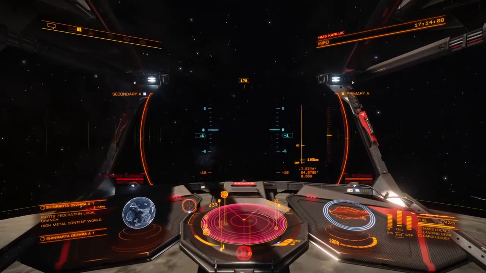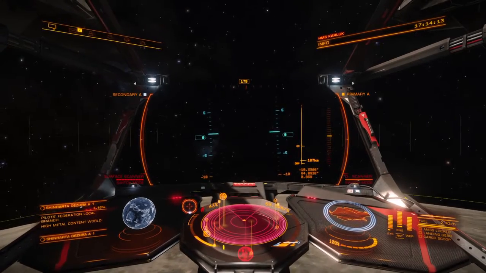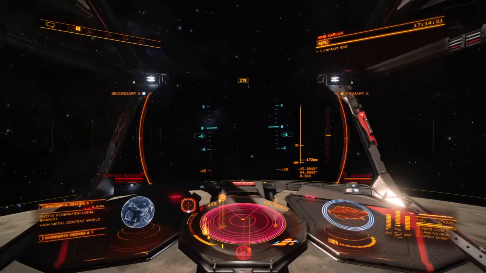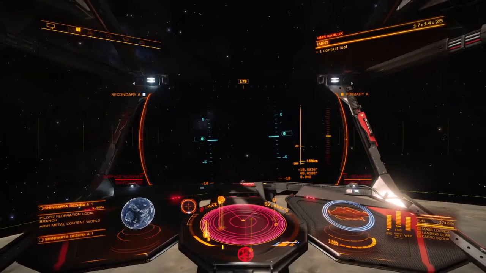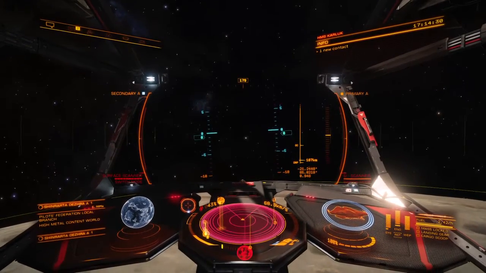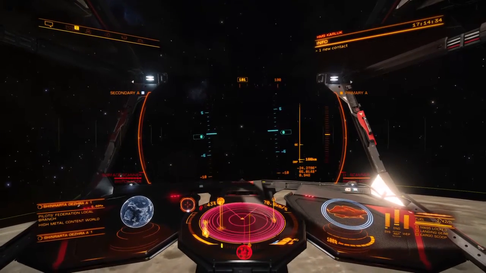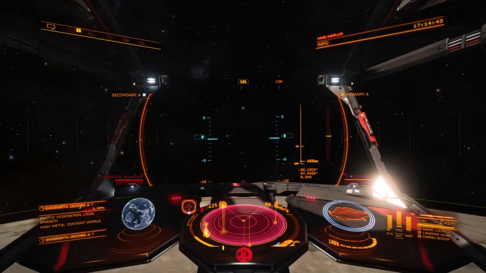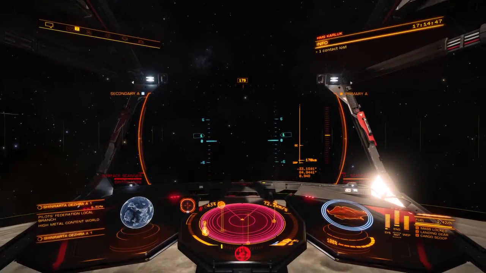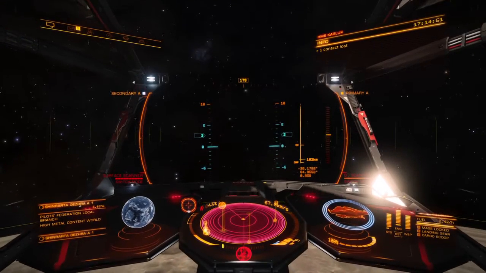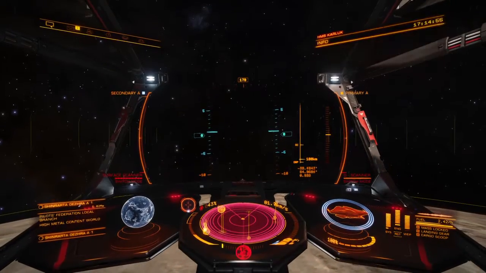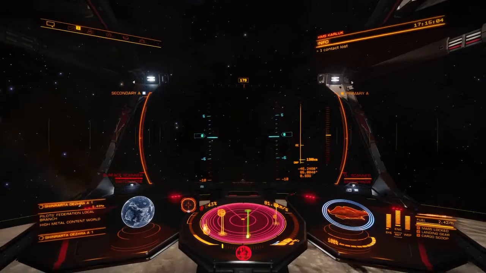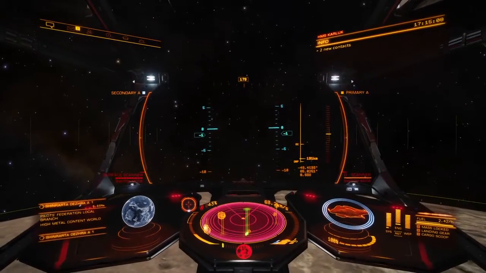I'm going to keep traveling south until I find -50 latitude, using my compass bearing up top, still positioned on south. Okay, we're coming up on -50 latitude.